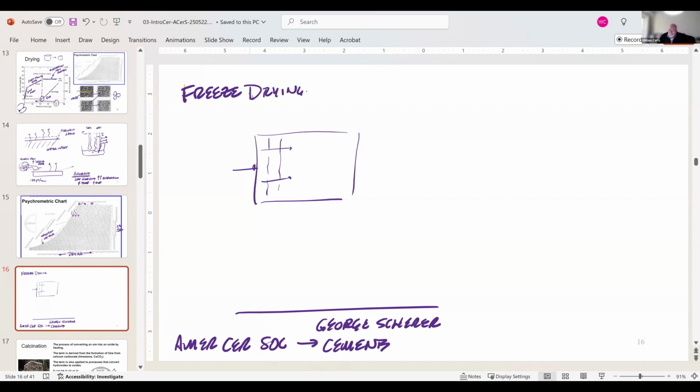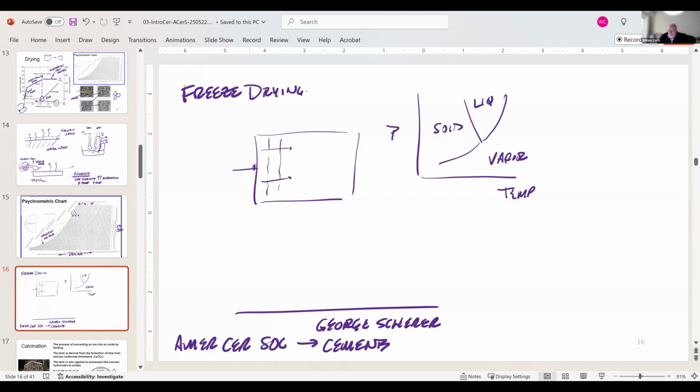Freeze drying is a process by which you go to a triple point. I'm probably not going to draw this quite properly, but it's temperature on this axis and pressure on this axis, and you end up with a curve that looks like this, as I recall. So this is vapor here, this is liquid, and this is solid.